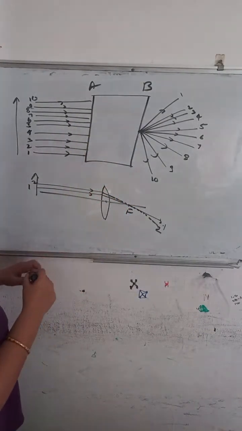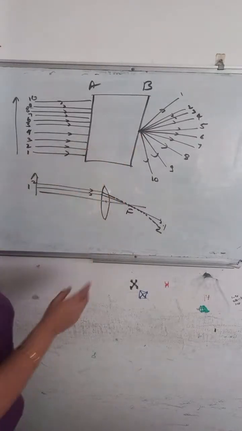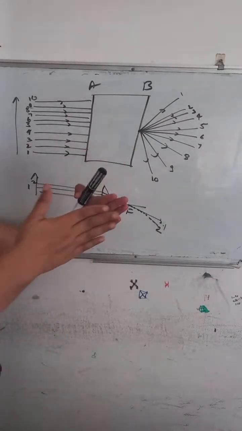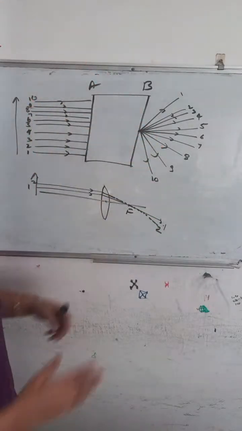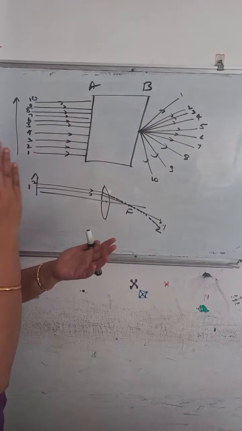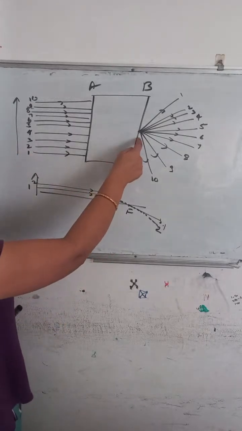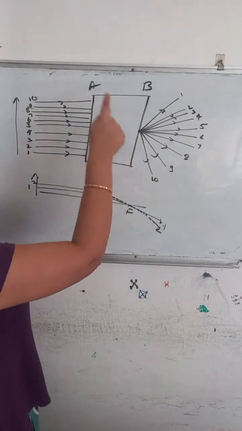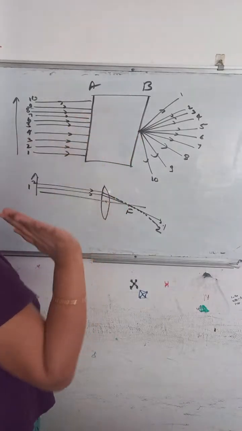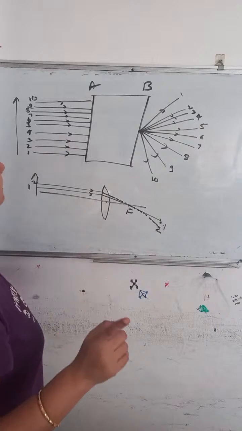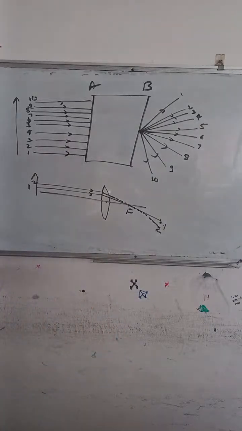So they are focused at one point. In a convex lens they are converging, and the remaining rays come out, so there is one converging point. So this is nothing but a convex lens. So the answer is the convex lens.